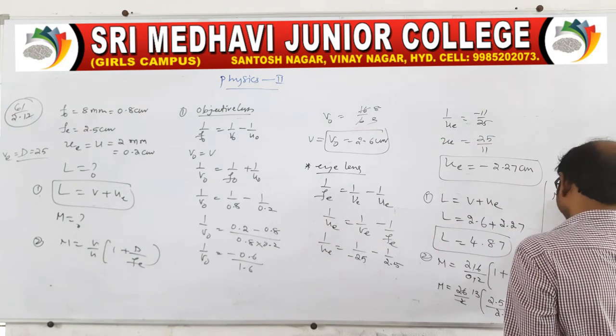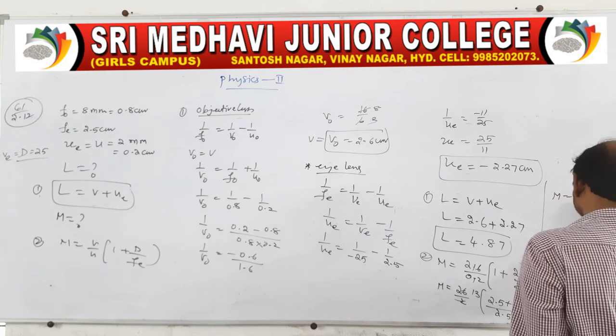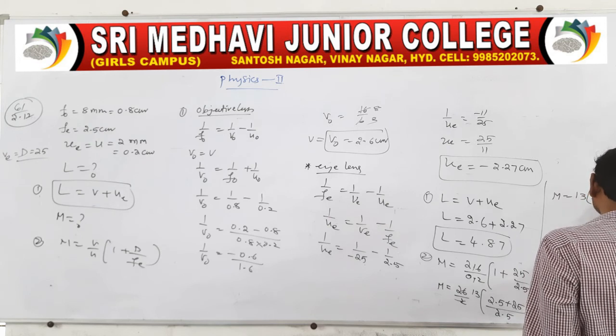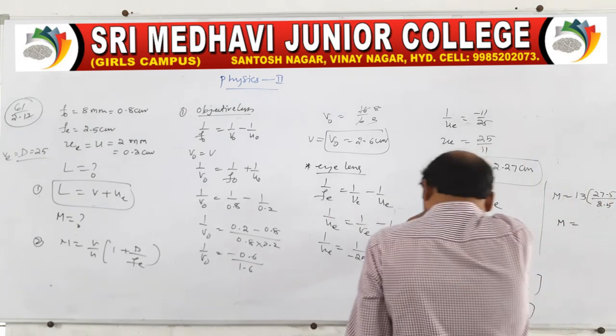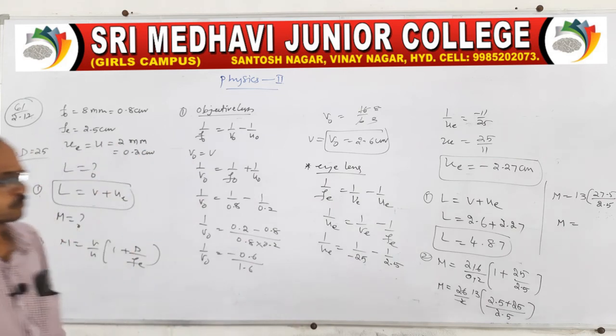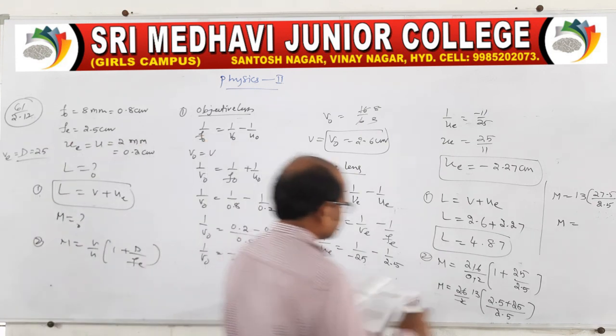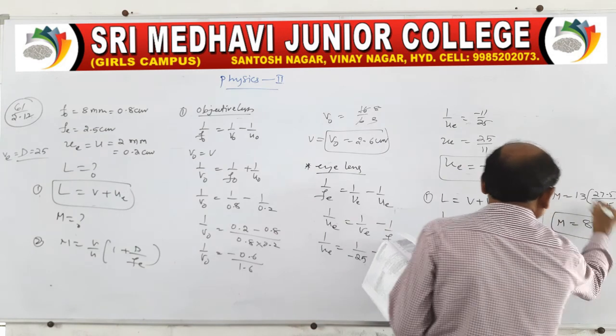So capital M is equal to 13 into 27.5 by 2.5. You simplify this and you may get the answer, right? The final answer will be 88 after simplification.